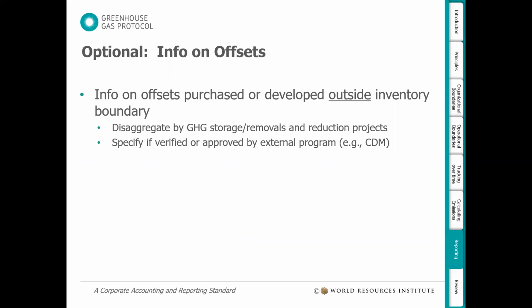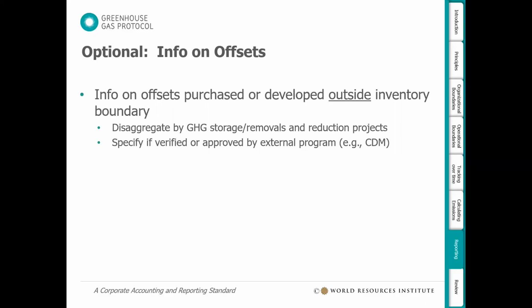If any offset transactions have taken place, then companies are encouraged to provide information on those transactions. For example, if offsets have been purchased or developed outside of the inventory boundaries, then companies should report two general types of offset projects separately. One type is all projects that involve carbon sequestration, and the other is projects that reduce emissions.